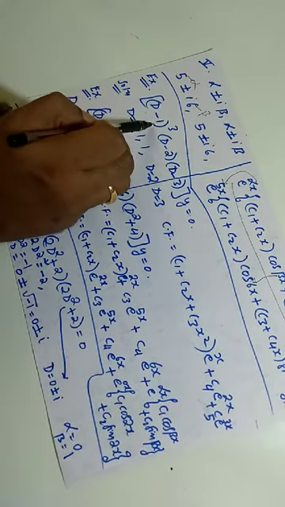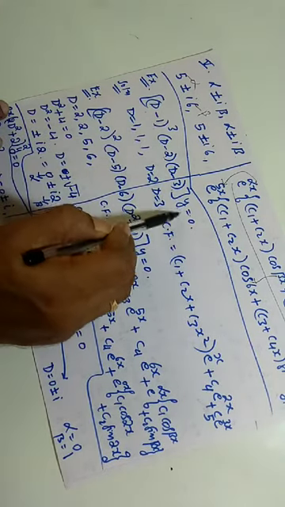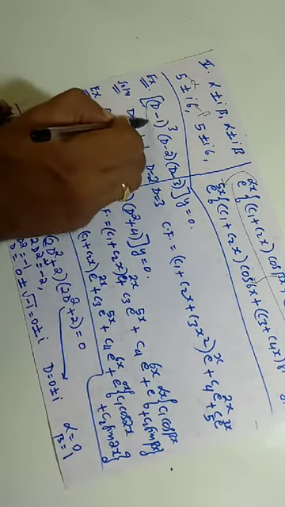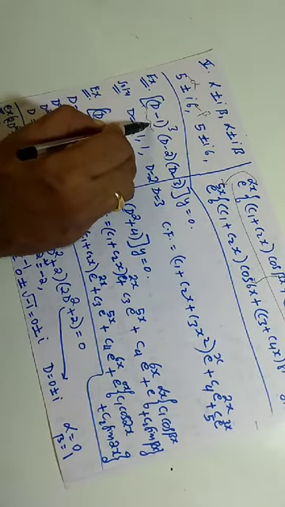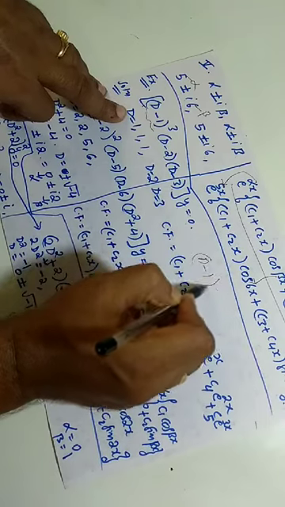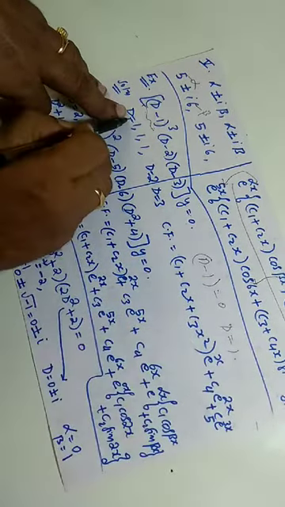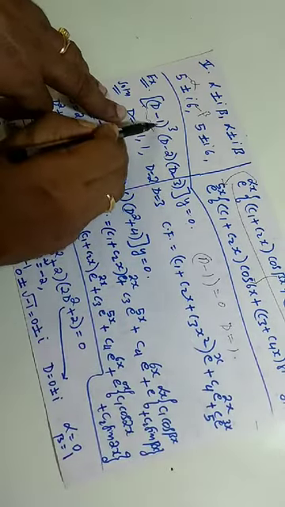Now let us take an example. D minus 1 whole cubed into d minus 2 into d minus 3 operated on y is equal to 0. Observe clearly, from d minus 1 whole cube, d minus 1 is equal to 0, therefore d is equal to 1. Whole cube, so repeated 3 times. D is equal to 1, 1, 1.